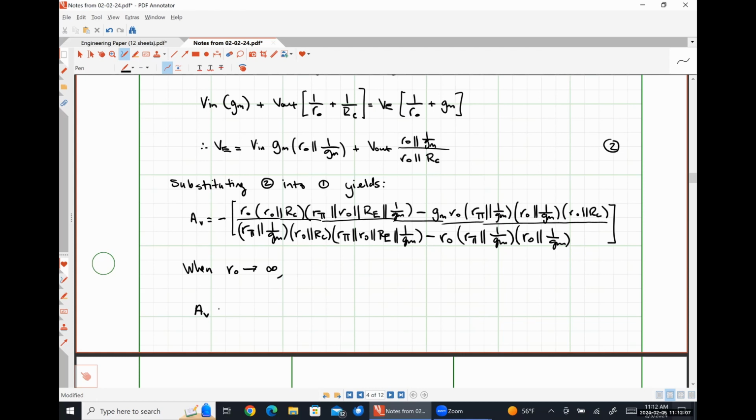our voltage gain becomes approximately equal to negative GM times RC times R pi in parallel with 1 over GM, divided by a factor of RE plus R pi in parallel with 1 over GM.